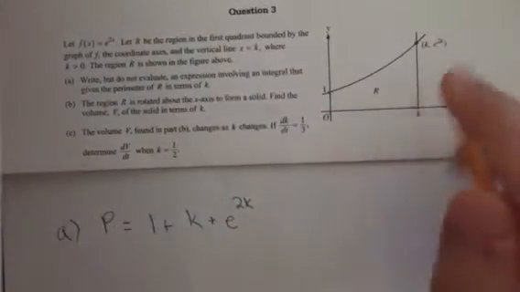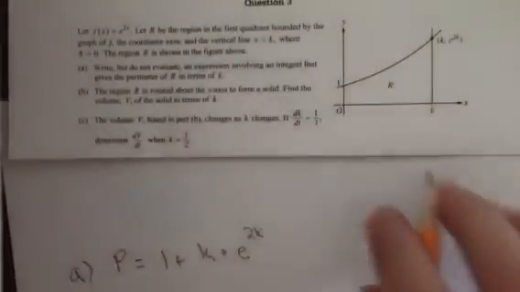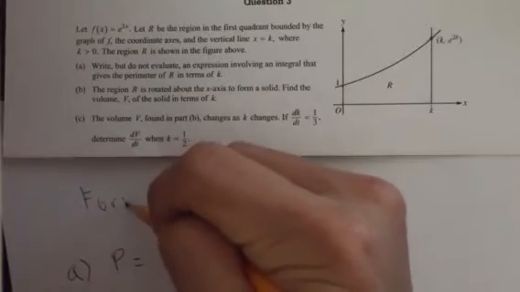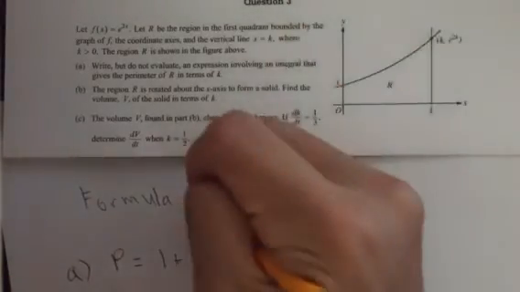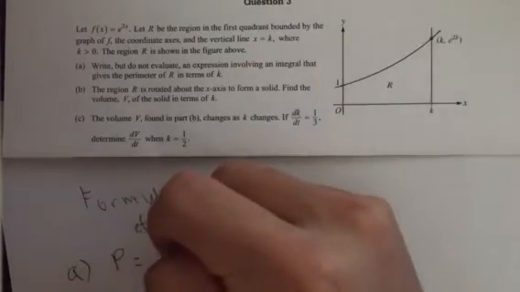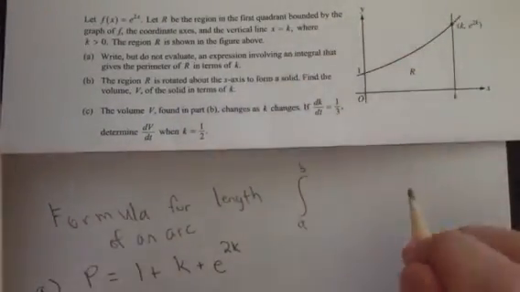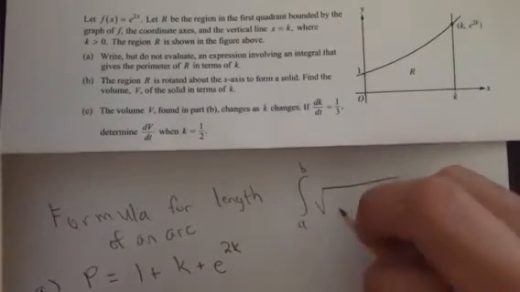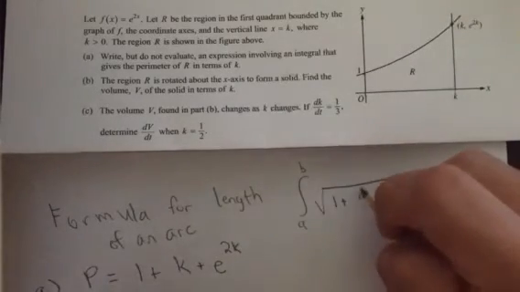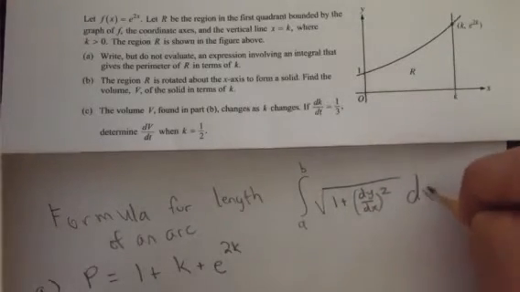And this is an arc, and the length of an arc is given by the formula: it's going to be the integral from the starting x value to the ending x value of the square root of 1 plus the derivative of the function squared with respect to x.